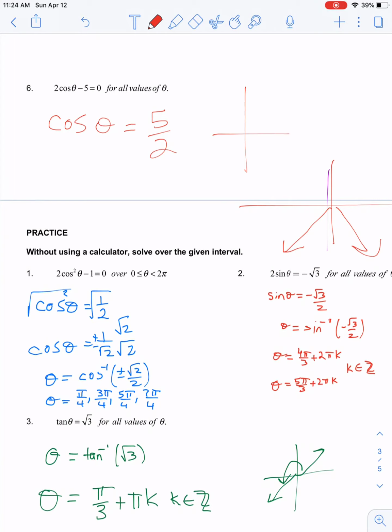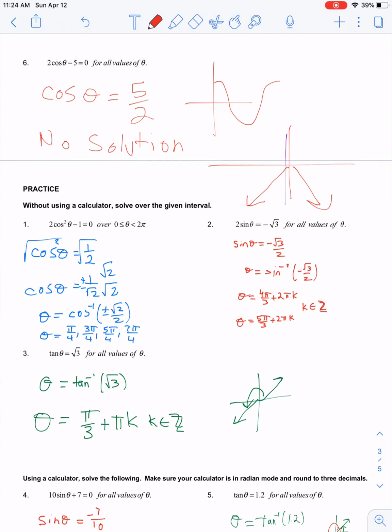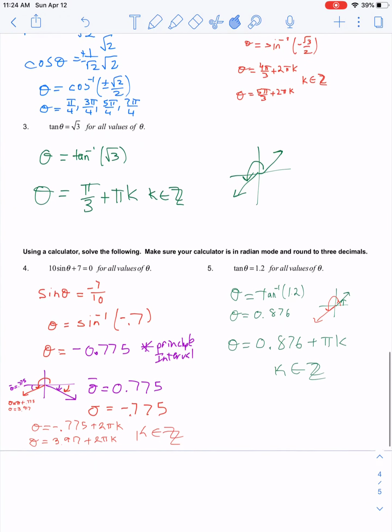Well, if I'm thinking about a cosine graph, I know that the max output for cosine is 1. Thus, could I ever have a ratio of 5 halves? No, so this problem has no solution, which is why you got an error on your calculator if you attempted to solve that one with your calculators.